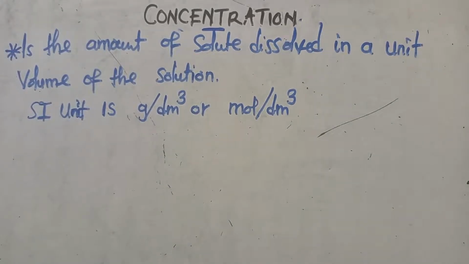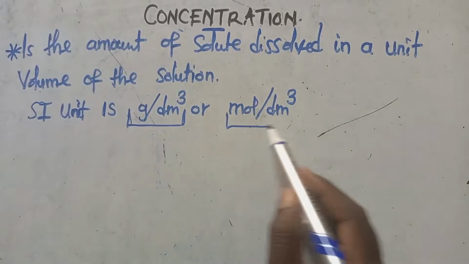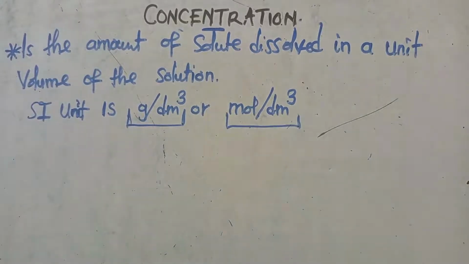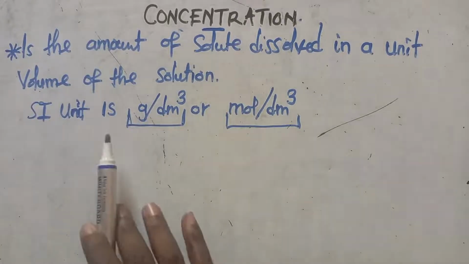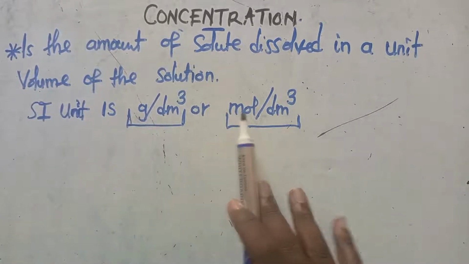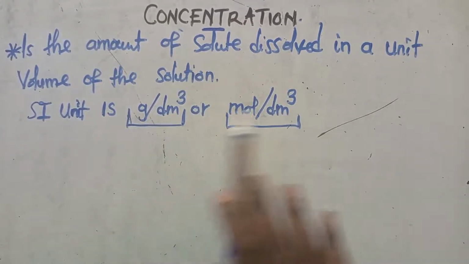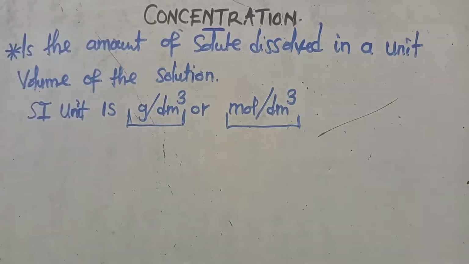So the concentration that we get to talk about can be in grams per cubed decimeters or moles per cubed decimeters. It can have these two units. This is what you are supposed to understand.